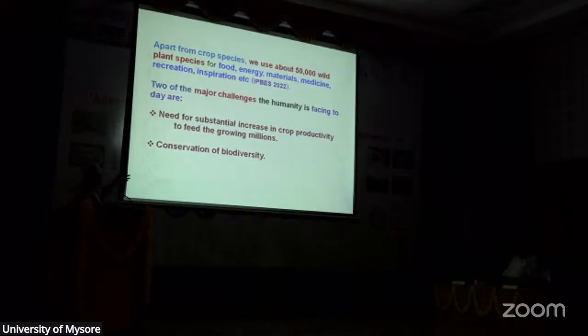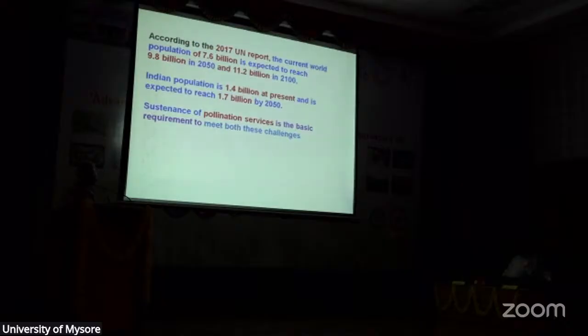I will talk about IPBES a few minutes later. Two of the major challenges humanity is facing today: number one is the need for a substantial increase in crop productivity to feed the growing millions. And the second challenge is conservation of our biodiversity.